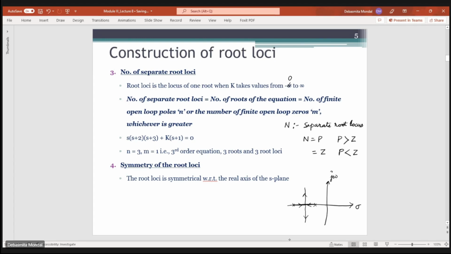So you see that both the root loci start from the pole, and if you observe the overall root locus, you will see that this is actually symmetrical about the real axis. So if you know the root locus in the upper half of the real axis, you can simply draw the root locus in the bottom half. So the root locus is always symmetrical with respect to the real axis of the S-plane.